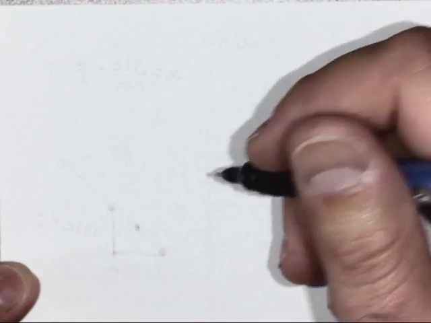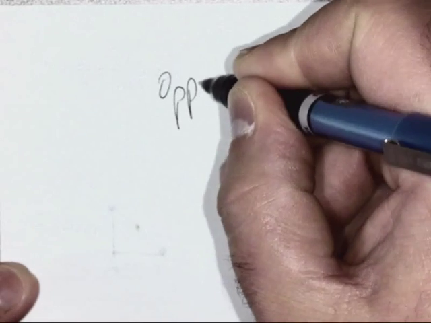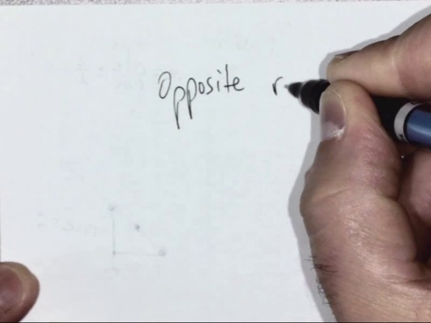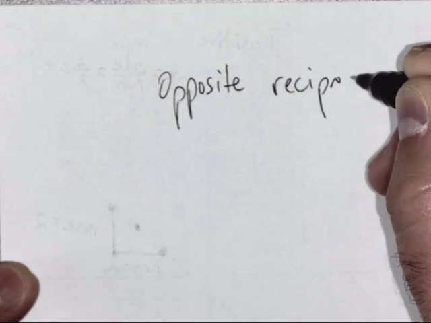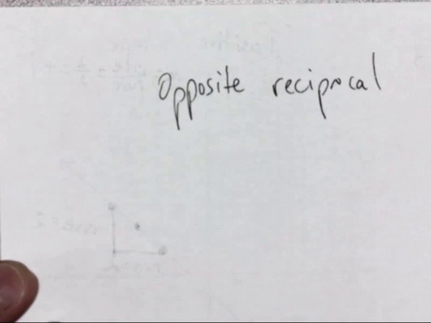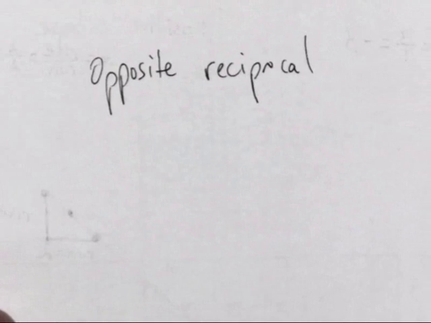Okay, so opposite means to have the opposite sign, and reciprocal means to essentially flip the fraction.